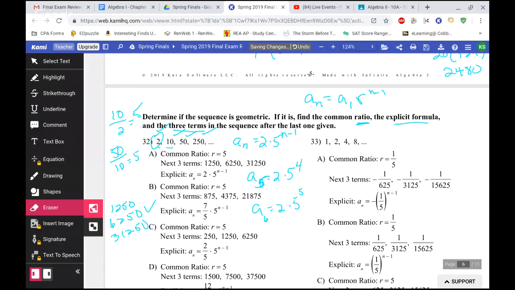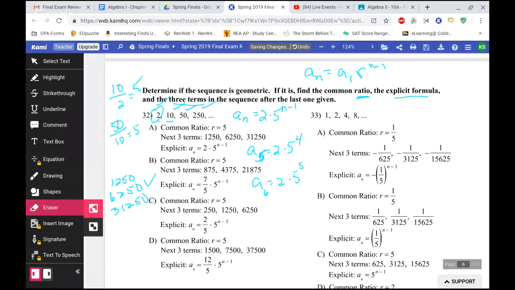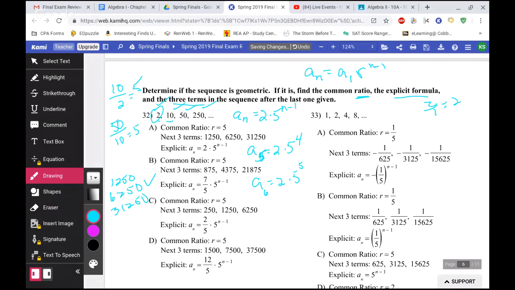Okay. So for number 33, the common ratio is going to be the 2nd term divided by the 1st term. That's 2. We also want to confirm that it is geometric, because the first part of the instruction says determine if the sequence is geometric.